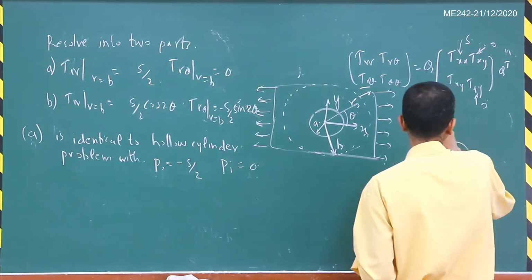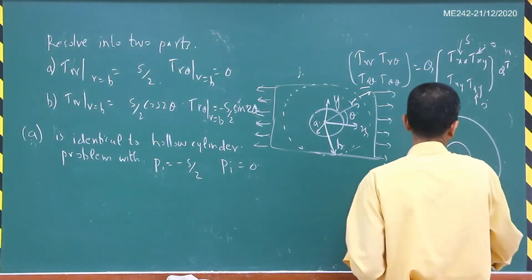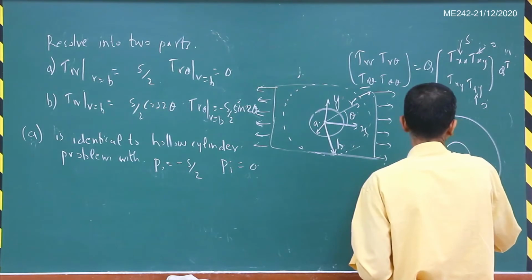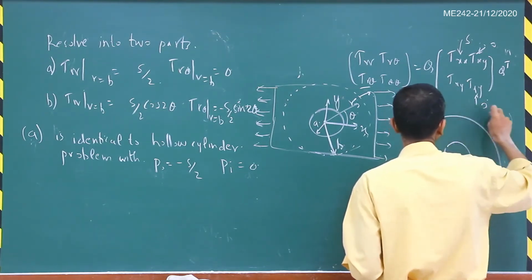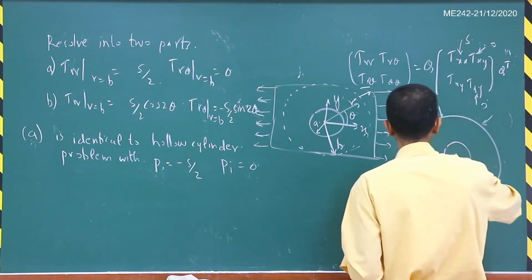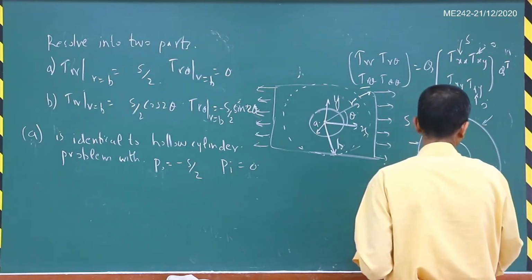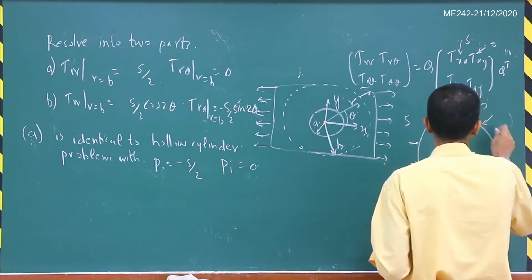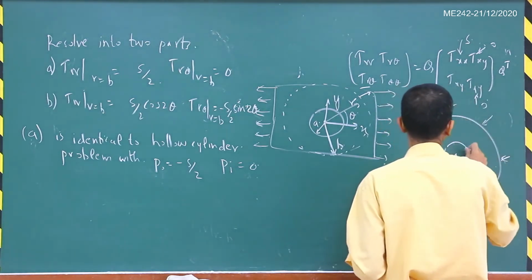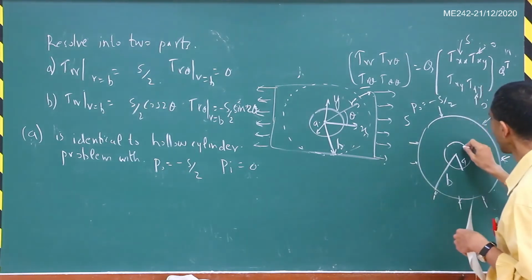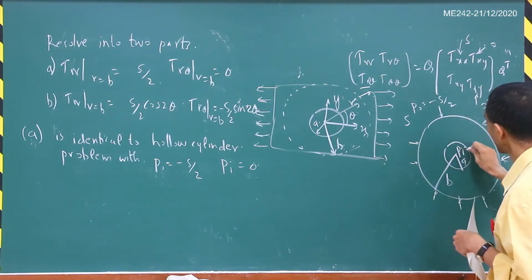So that means you have this r equal to a, and this is b, and now we are applying a pressure P naught on this. So P naught is equal to minus S by 2, and then on the inside Pi is equal to 0.